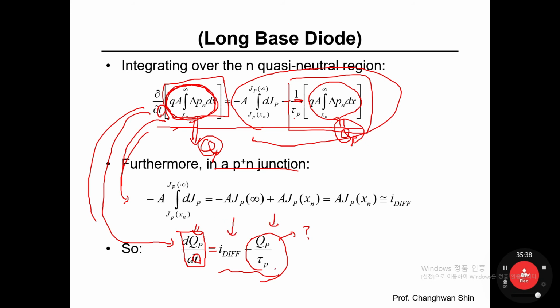So this number two factor indicates a kind of recombination rate, right? So you may come up with the continuity equation in your mind. The continuity equation says that while the current is flowing, part of the carriers would be recombined with majority carriers in the inside region. If you would like to refresh your memory, please go back to the slide for the continuity equation.